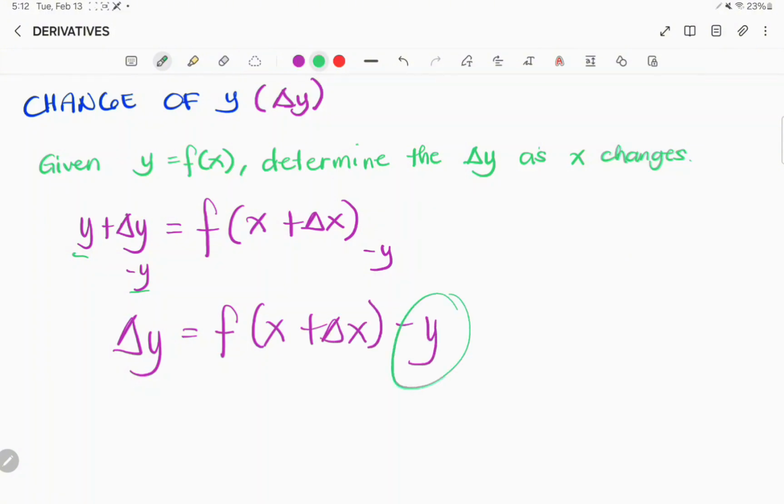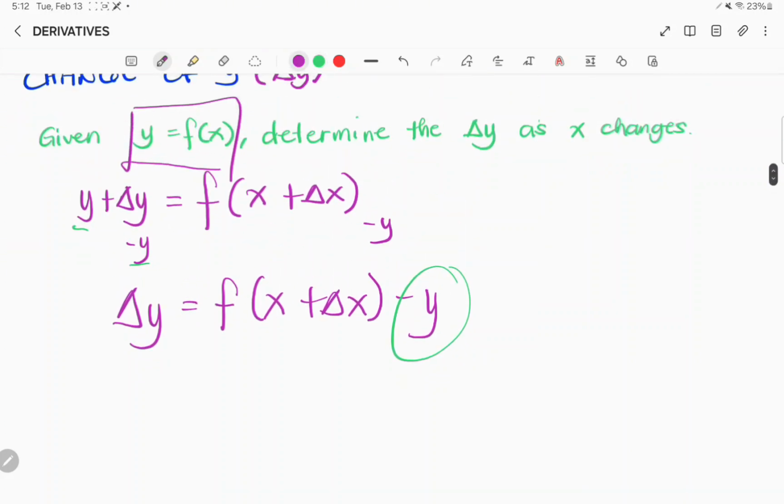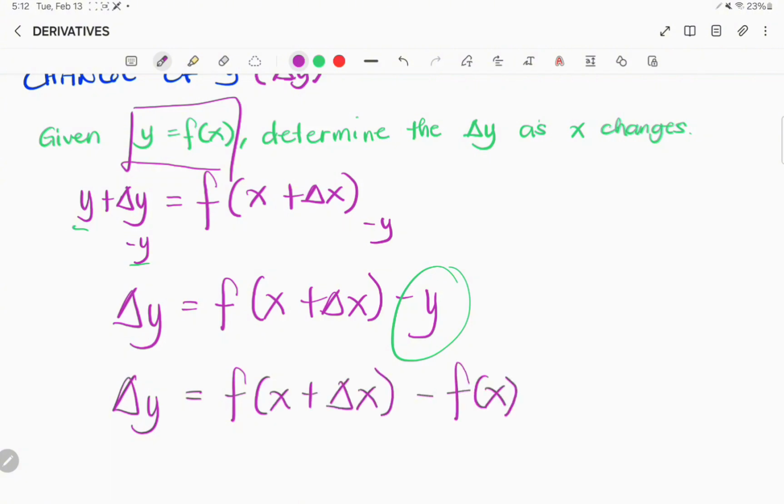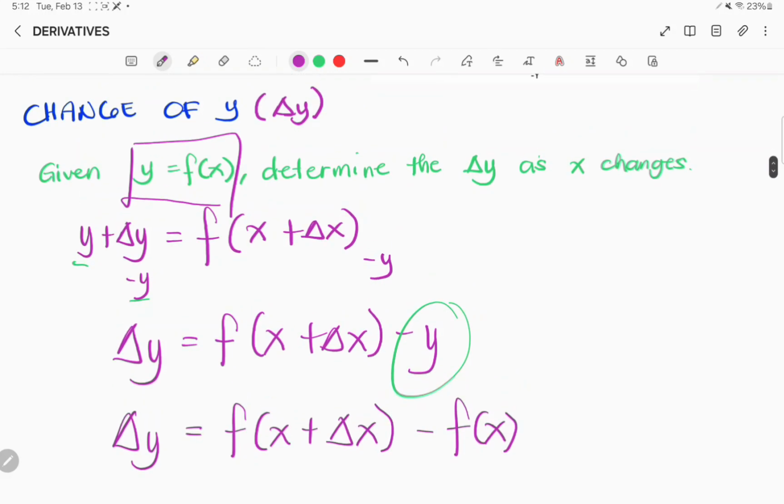And the value of y is f of x, so we can change that y into f of x. So our next equation will be change of y equal to f of x plus change of x minus f of x. This is now the formula for the change of y.